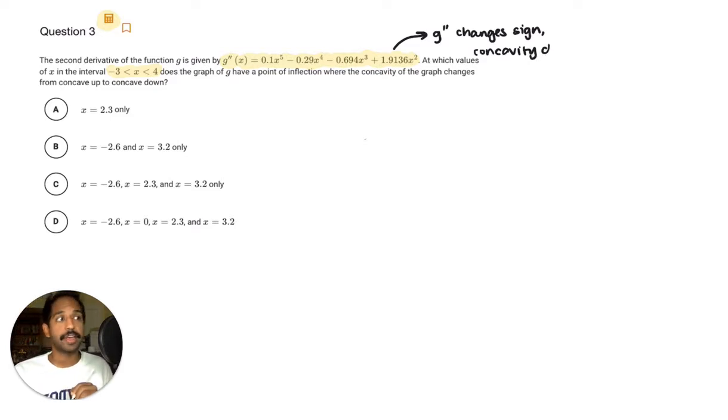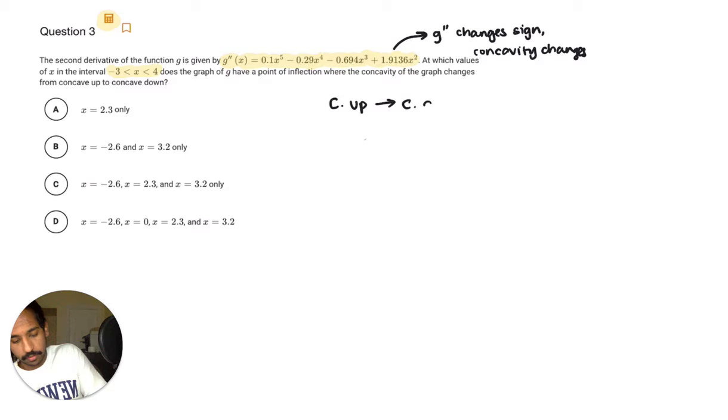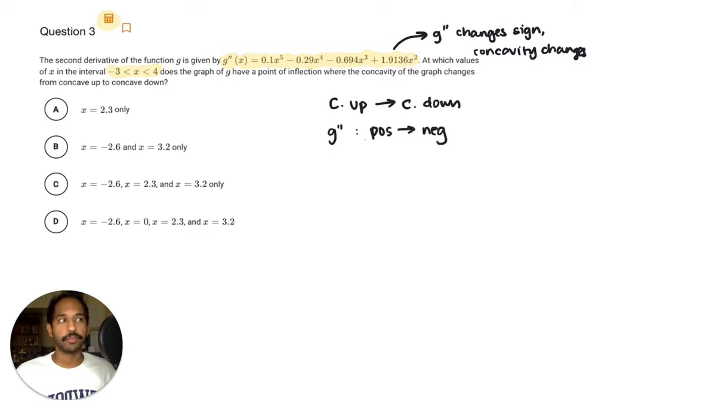And not just that, we want to find specifically where the concavity changes from concave up to concave down, which means that g double prime changes from positive to negative. And how in the world are we going to figure that out? We are going to plug it into our calculator and graph it to see.